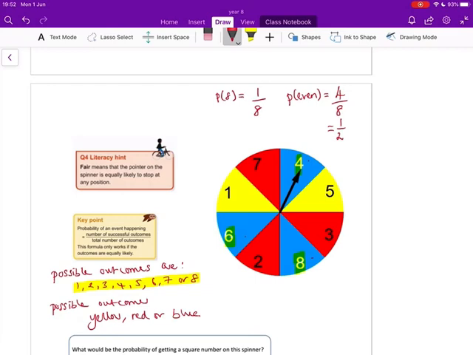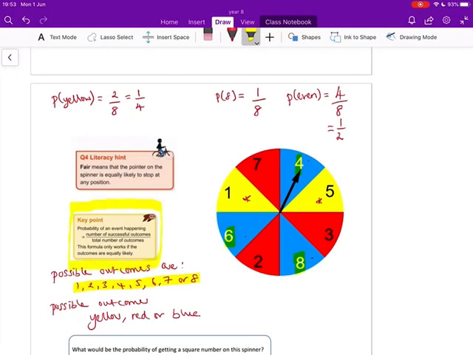We could look at colours, and we could say what's the probability of spinning the spinner and getting a yellow. So if we look, we have 2 sections which are yellow, so 2 out of 8 possible sections, so 2/8, or an equivalent fraction 1/4. So the probability of an event happening is the number of successful outcomes over the number of possible outcomes.